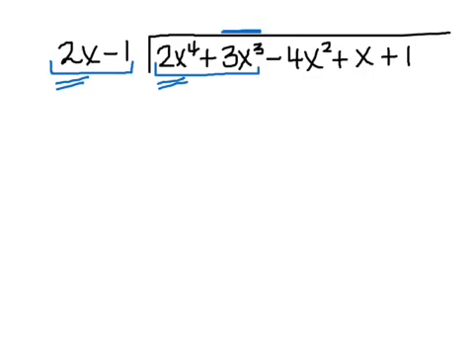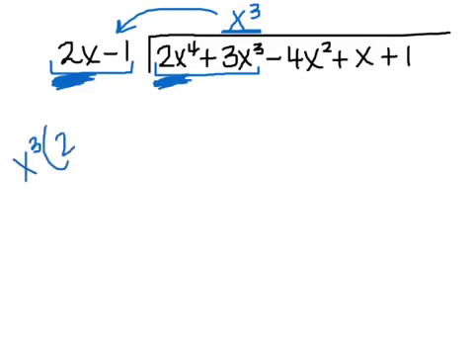We're going to fill in this blank by thinking, what could I write in that blank so that when I multiply it by 2x, I get 2x to the fourth? What you need is 3 more x's. So we're going to come off to the side and do this multiplication. You have to do it by the whole 2x minus 1, even though we were focusing for a second on the front numbers.